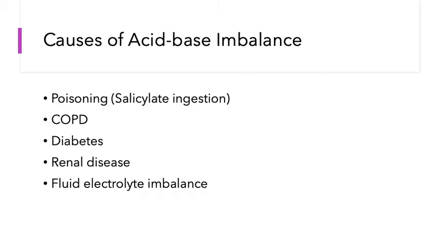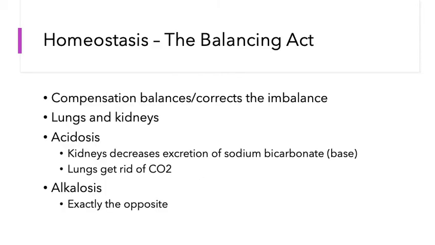So, those are the possible causes. As a matter of fact, we'll go into detail when we get to the videos on the particular acid-base imbalances. But for the purposes of this first video, we're just going to give an overview of the possible factors associated with acid-base imbalance.